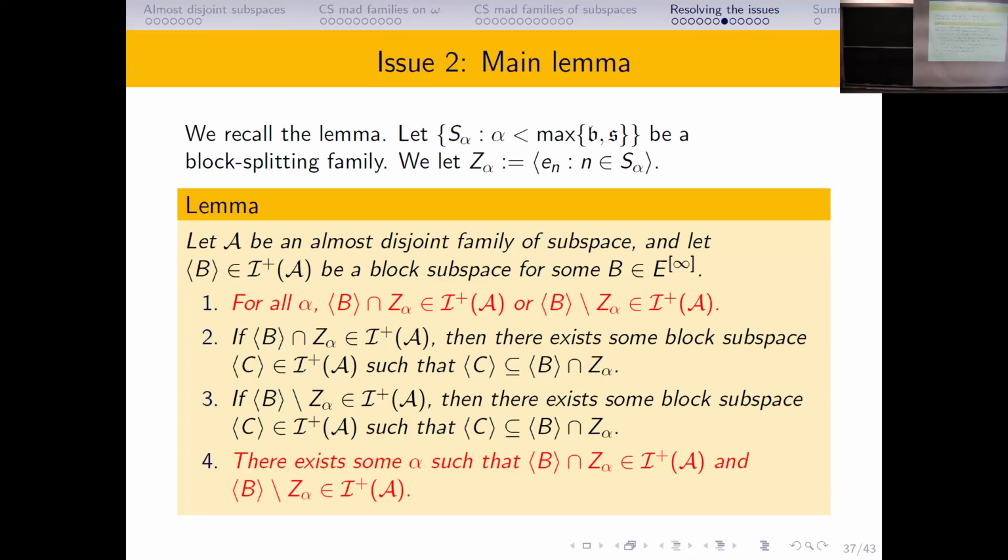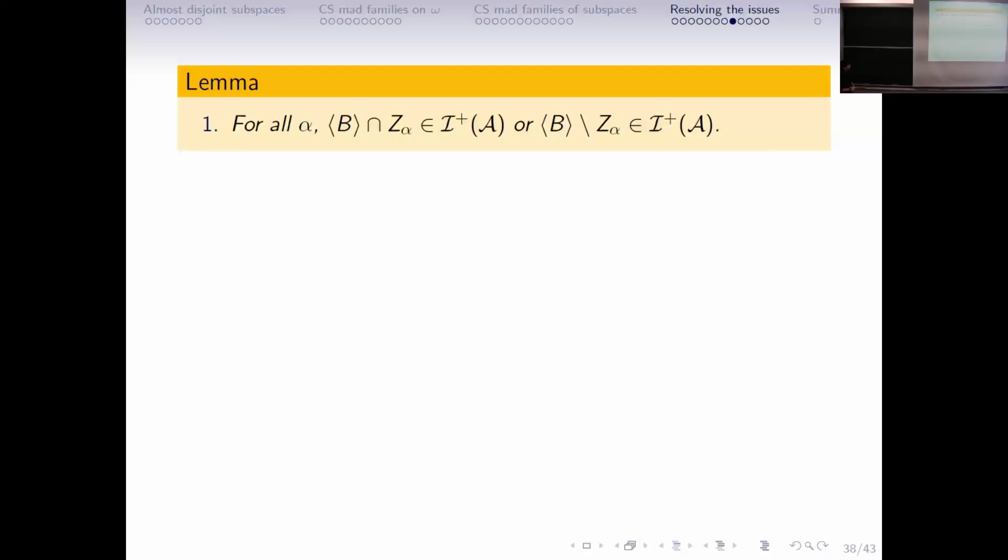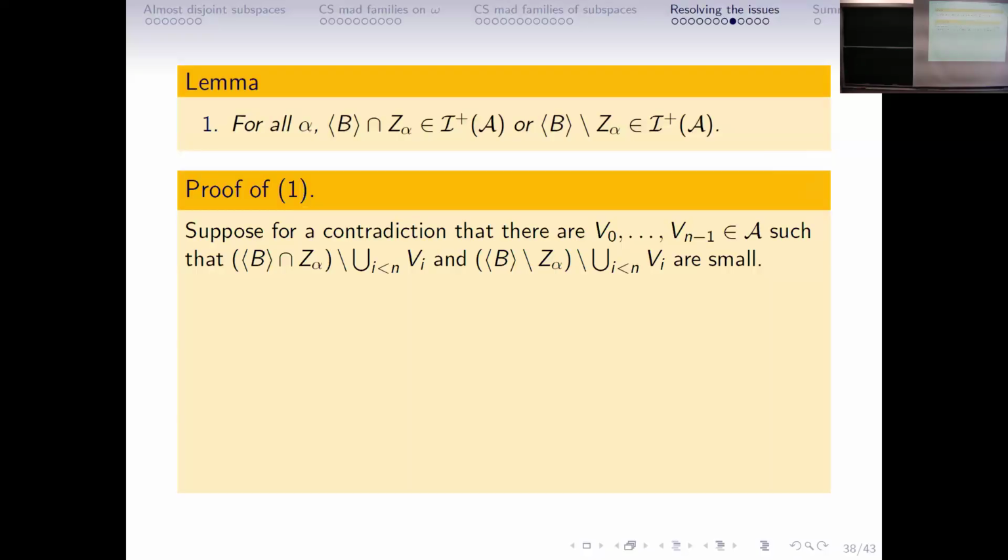So the proof of the first statement is very similar to what I showed just now, that I(A) is almost an ideal. Okay? So again, suppose for a contradiction that there are some Vi's in which both B intersect Z alpha and B minus Z alpha are small.